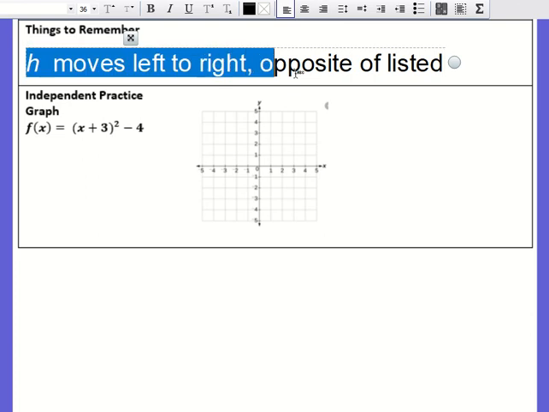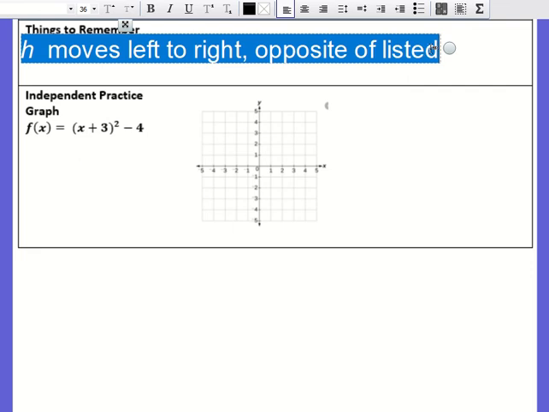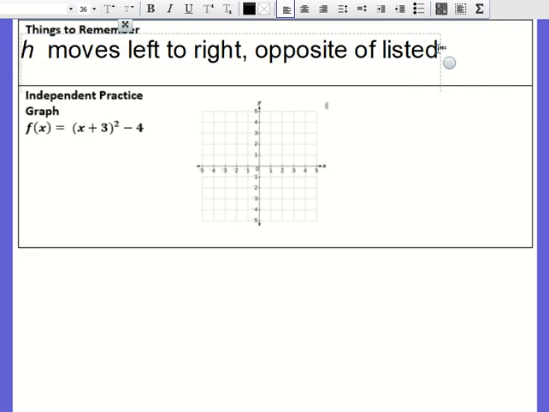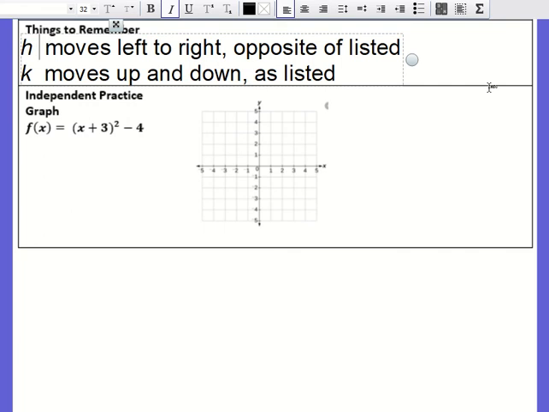For me, that makes sense. Opposite of written, opposite of wherever it is, right? And k, italicized, moves up and down as listed. Meaning if it's positive 4, you go up. If it's negative 4, you move down, right?